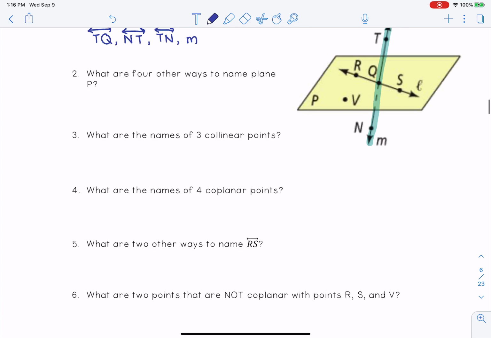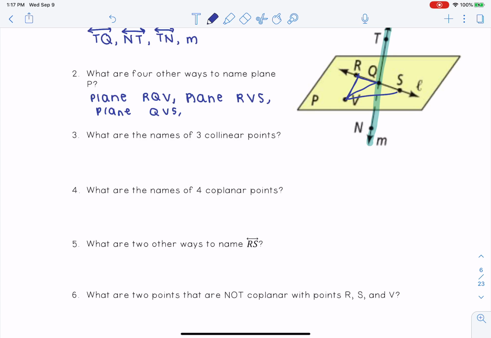What are 4 other ways to name plane P? Well, plane P, I just have to pick 3 points that form a triangle. So maybe R, Q, and V form a triangle. So plane RQV. Let's pick 3 other points. What about R, V, and S? So plane RVS. What about plane QVS?